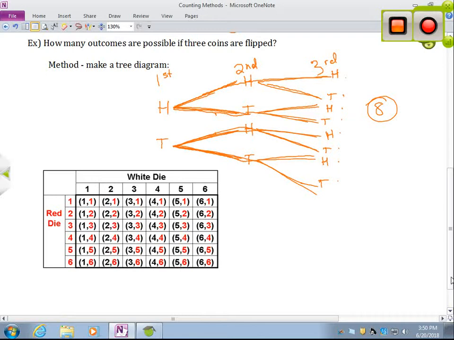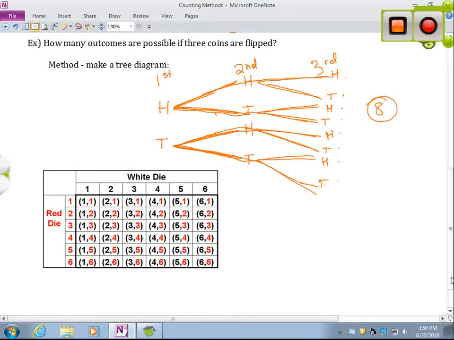Speaking of dice here, this is a table of rolling 2 dice and the possible outcomes. It's called a red and a white die. That just happens to be the picture that I found. A lot of questions about probability and numbers of outcomes and counting methods involve dice because they're nice, independent events.